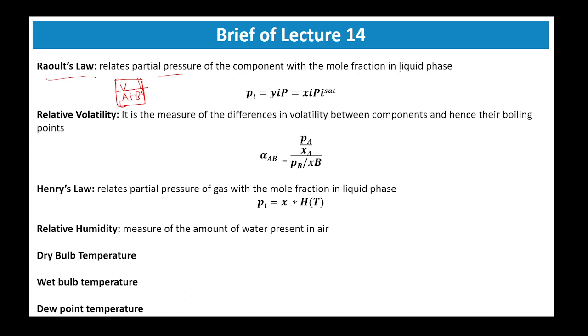Now I said that if you have a pure liquid, there will be a certain type of interaction. Say for example it is AA bond. For B it will be BB. If you mix both of them, the interaction of type AB will also be present in the mixture. The bond between A and B can be the same as AA and BB, or it can be either weak or strong. This depends on the type of interaction.